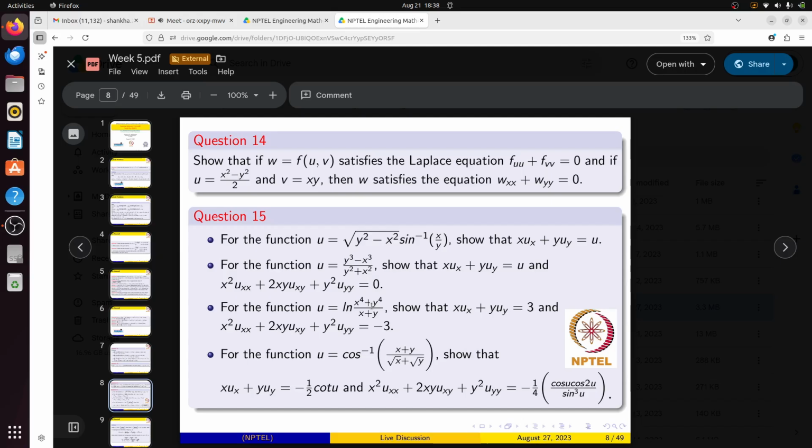So if you again differentiate it, you will get x square uxx plus 2xy uxy plus y square uyy equal to n into n minus 1 into u, and this is a homogeneous function with degree 2. So sorry, degree 1. So 1 into 1 minus 1 will be 0. So the right hand side will be 0. So x square uxx plus 2xy uxy plus y square uyy will be 0. So that is Euler's extension theorem.